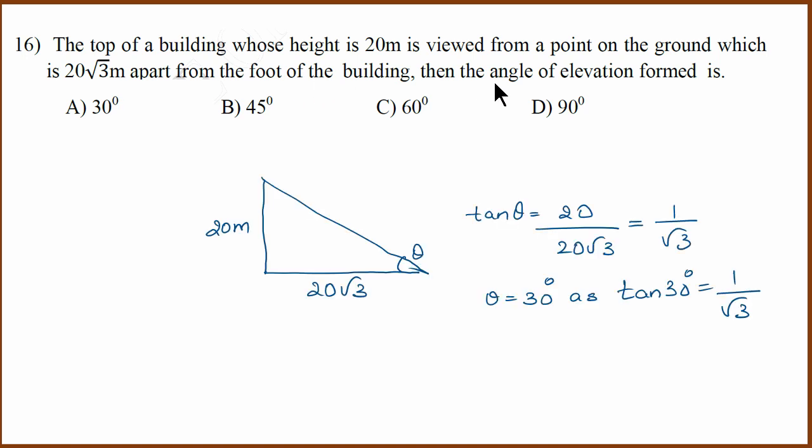If you draw it, this is the angle of elevation, height is 20 meters, distance is 20 root 3. So if you write tan theta, opposite by adjacent, which will be 20 by 20 root 3, which will be 1 by root 3. But tan 30 is 1 by root 3, we know, which means theta will be 30 degree. Correct answer 30.